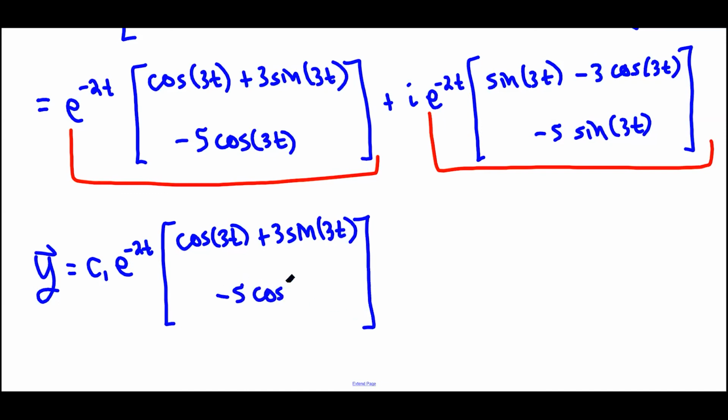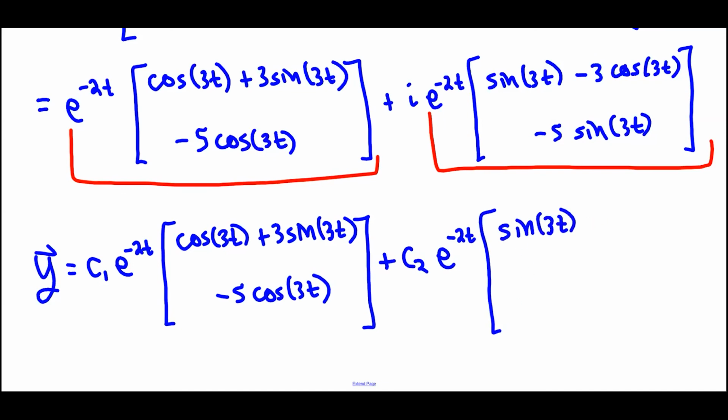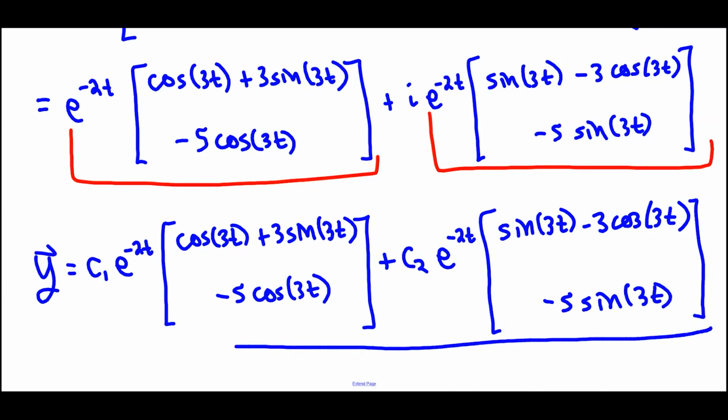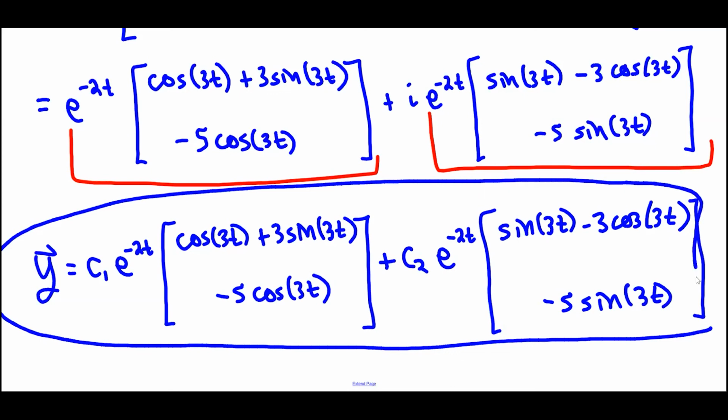Negative 5 cosine 3t in the second component. Plus C2 e to the negative 2t. Sine 3t minus 3 cosine 3t. And the second component's minus 5 sine 3t. And that is our general solution of the system. We didn't have an initial value, so we're just going to stop here.